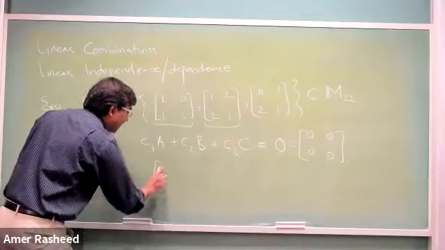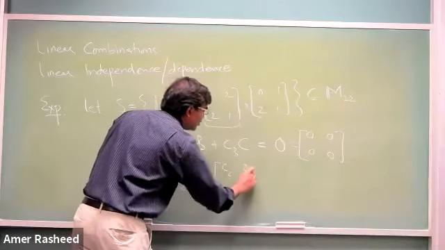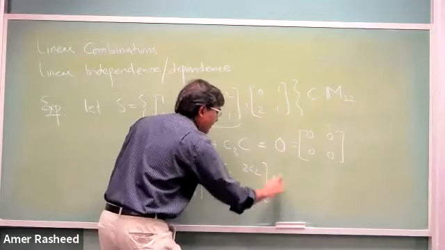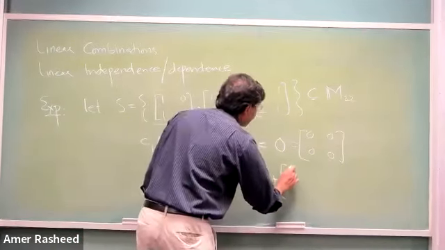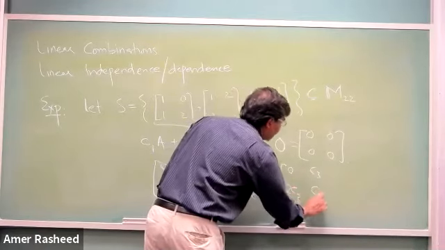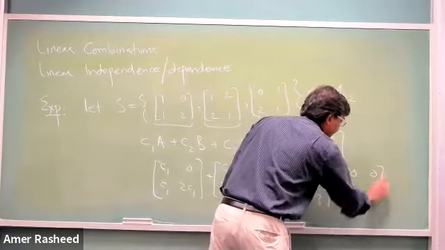Okay. You'll get 4 equations because here you get C1 times the first matrix plus C2 times the second matrix plus C3 times the third matrix, equal to the zero matrix with entries 0, 0, 0, and 0.